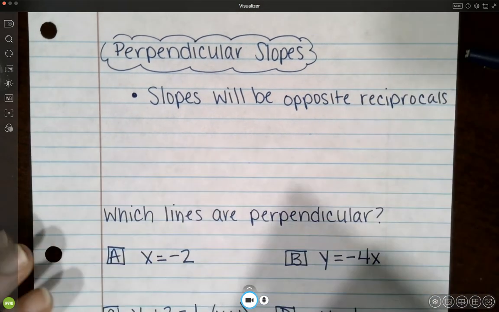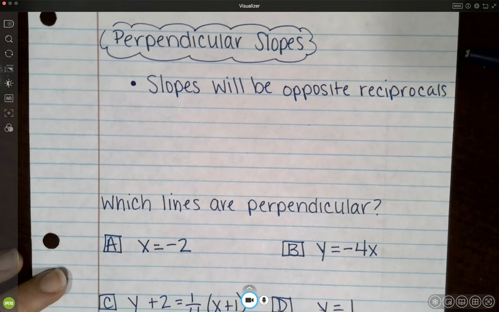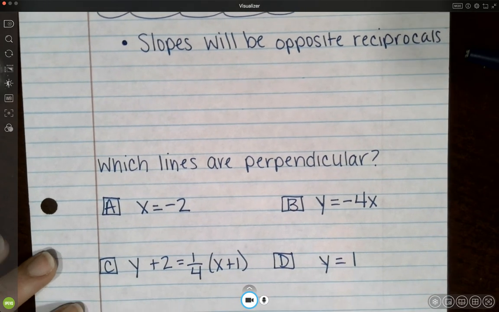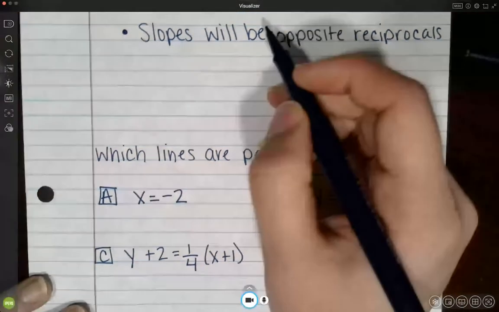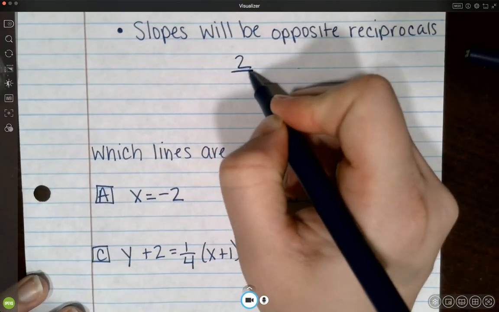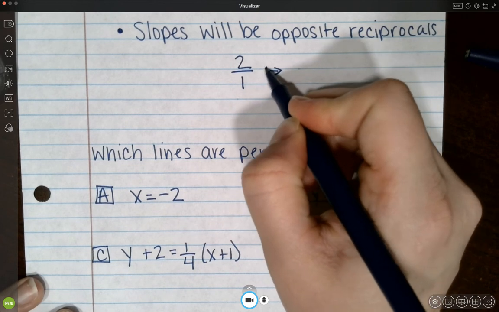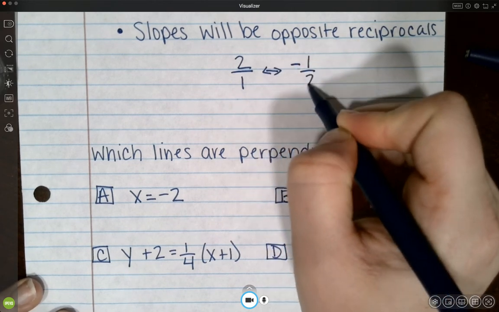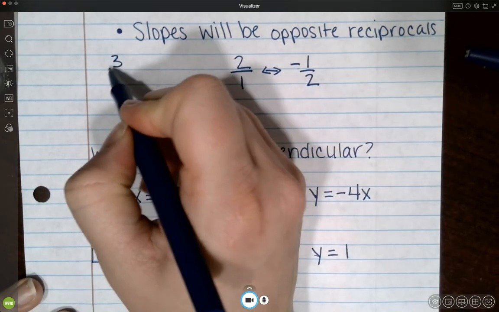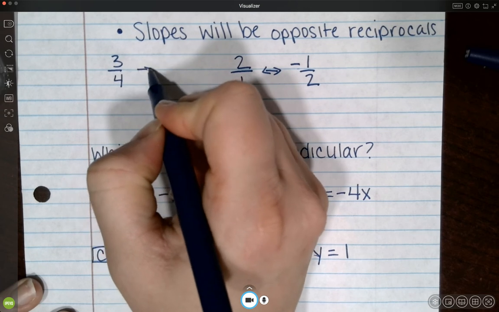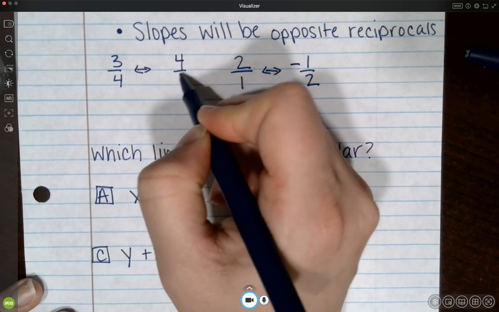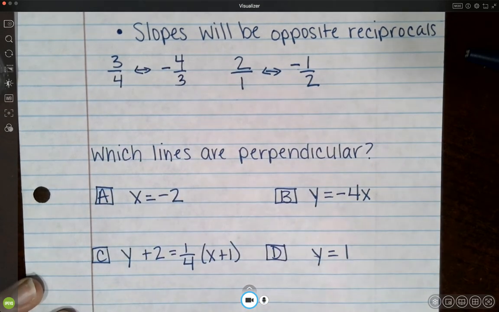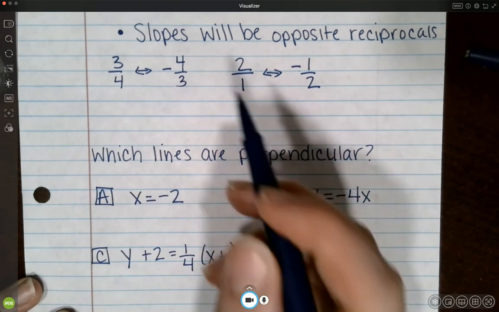Okay, so let's take a look at this in action. Which lines are perpendicular? So we need opposite reciprocals, and let's go ahead and write an example of this so we know what it looks like. Another example would be 3/4 would be the opposite reciprocal of -4/3. Okay, so here are just some examples that we can take a look at.